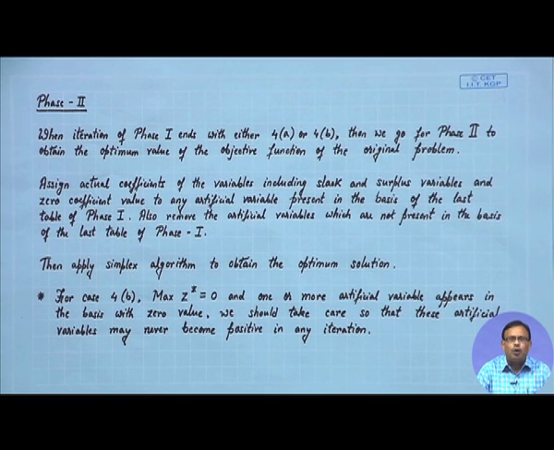As I have told at the beginning itself, at first we created one auxiliary objective function, where the coefficients of the variables were not the same as the original problem. We assigned 0 values to all decision variables and slack and surplus variables, and we assigned -1 coefficient to the artificial variables.